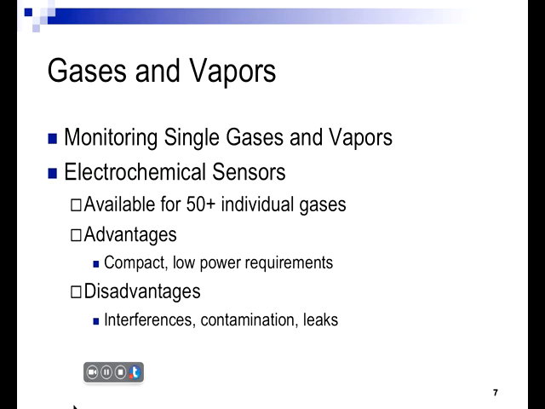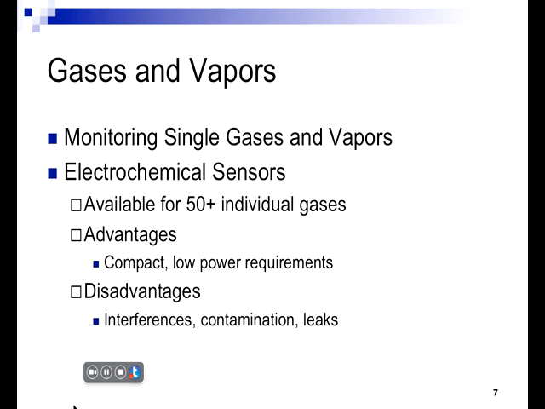Disadvantages are that they're somewhat promiscuous, in that they can detect gases incorrectly, so there are a lot of interferences with common types of contaminants that may be present. There could be some contamination that can occur, and it could leak. And I'll show you what they look like in a second.